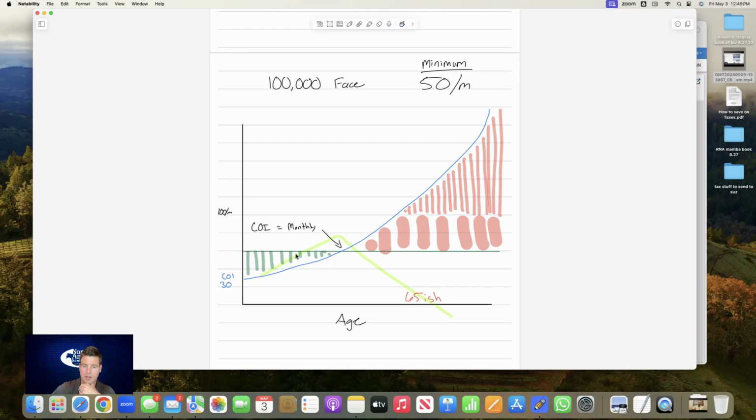So that shortened the amount of time that we could accumulate the cash value, and it increased how quickly we're going to lose it. So it moved that graph down over here to about 65, just say for this example's purpose. So that's where you see where people are paying the minimum. All that does is shorten the amount of time you can gain cash value and make this lapse quicker.